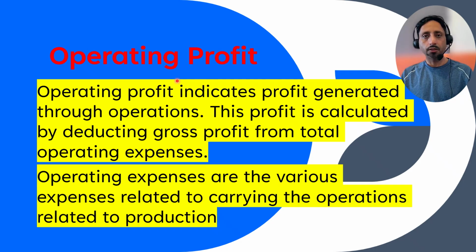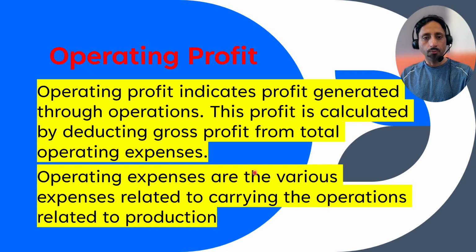We didn't consider the various expenses. Now, when we consider various expenses and deduct them from the gross profit, we get operating profit. So basically, operating profit is calculated by deducting the total operating expenses from gross profit.